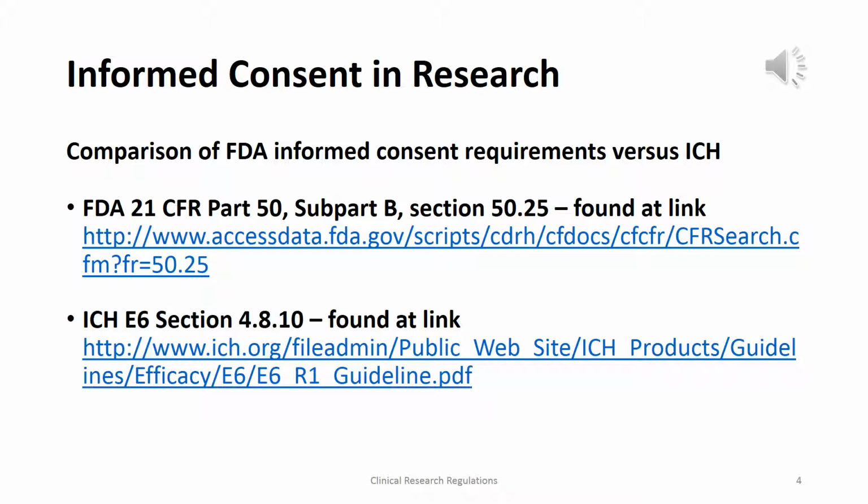We'll discuss the various requirements that FDA requires to be in an informed consent document. Also, the ICH requirements in E6 section 4.8.10 are found at the link below. Both of these links are on the module page that are in week 4 on Moodle, so you can easily pull up that page and just click on them, and you'll find them. You'll see that they're very, very similar.